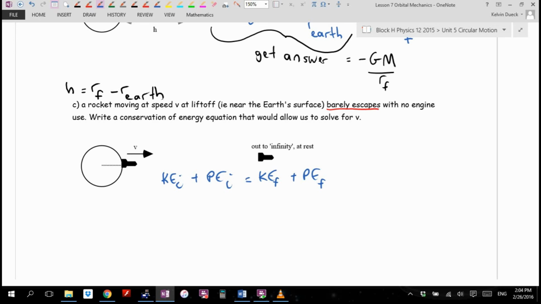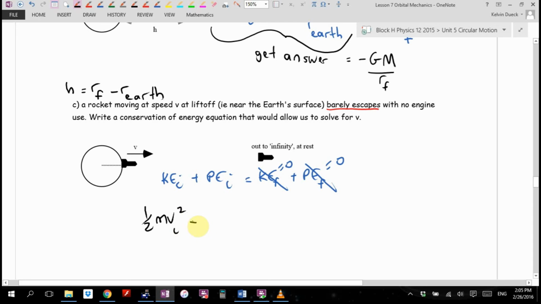What's V final? And if we get out to infinity, what's my final potential? 0. You know what? This is that equation where we ended up going a half m v initial squared plus negative big G big M little m over R initial equals 0.